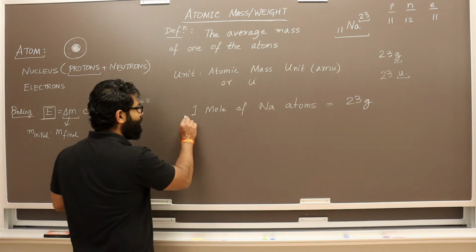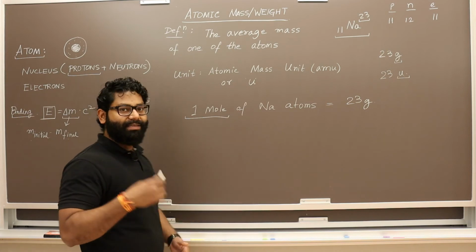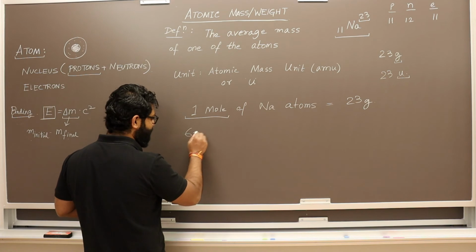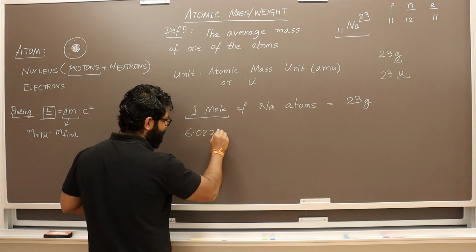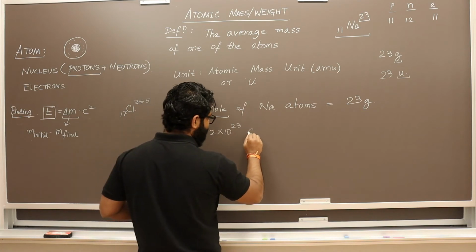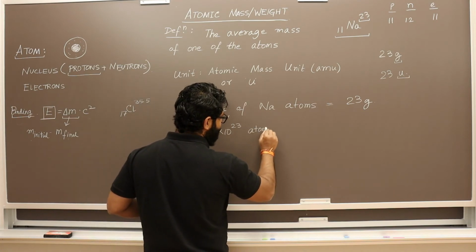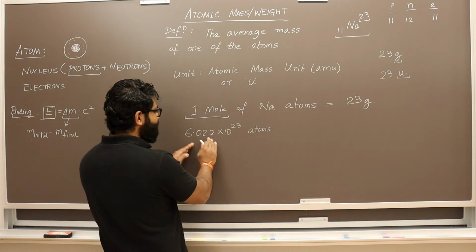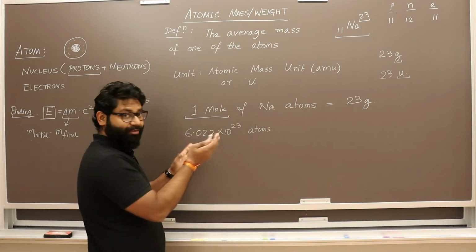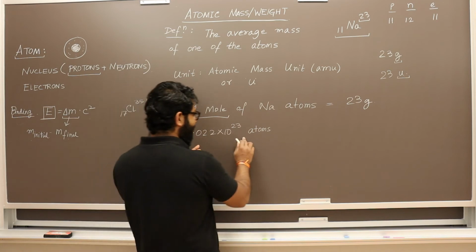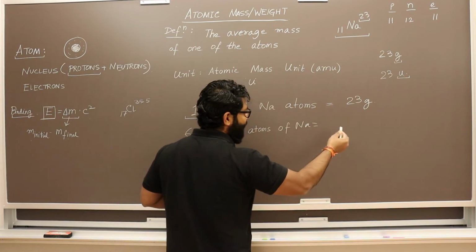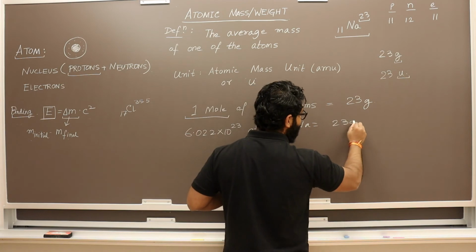Now what is this number? If this was a dozen, we would have written 12. This is a big number. It's actually a very big number. This means that 6.022 × 10^23 atoms of sodium, this is called the Avogadro number, is going to weigh 23 grams.